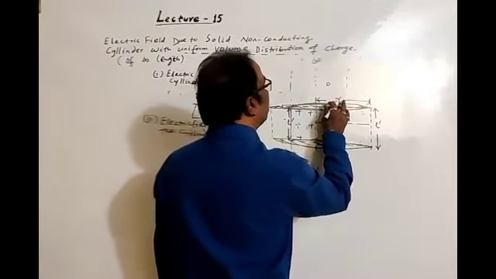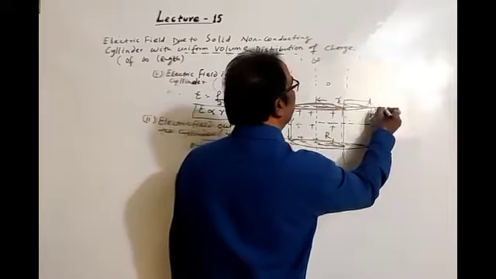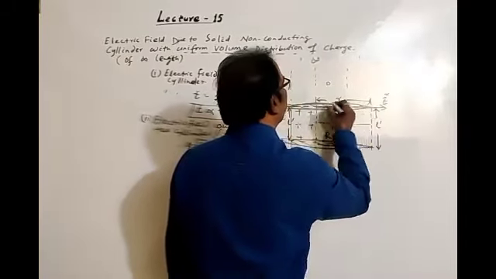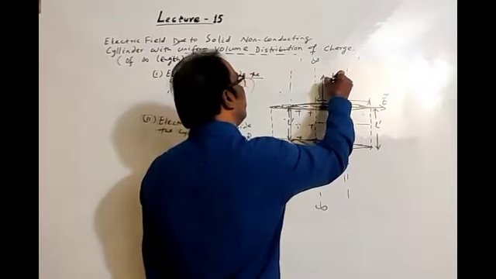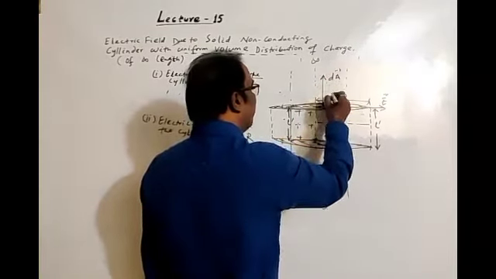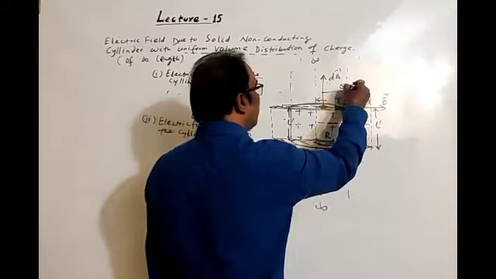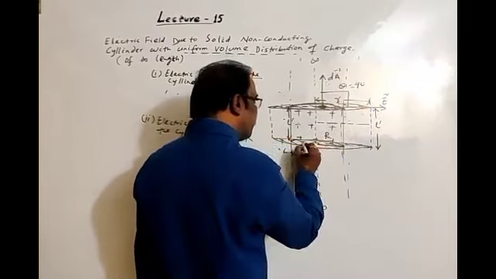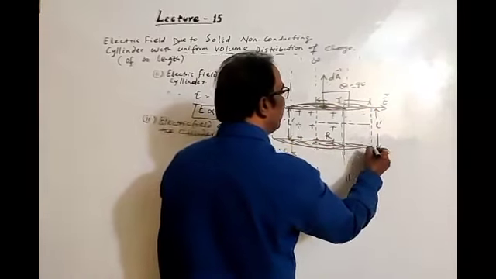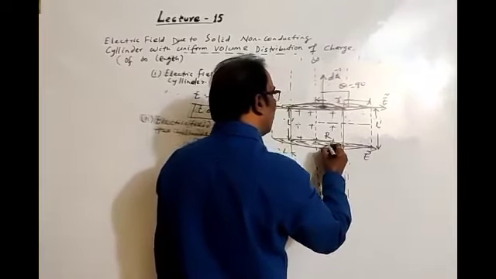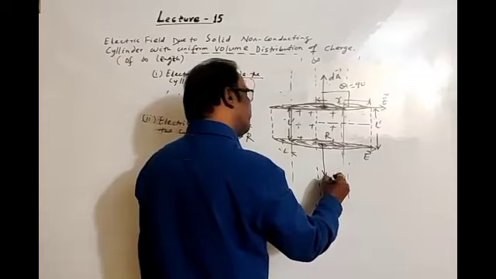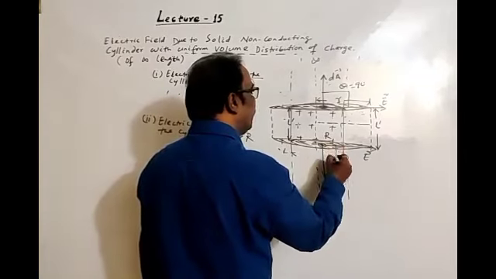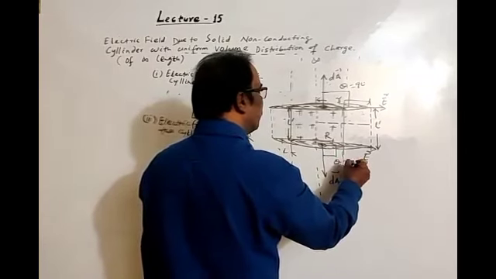As you have observed, this is the direction of the electric field, and if you take an elemental area dA, then this is the direction of dA. Again, the angle between E and dA is theta. Theta is 90 degrees. This is also a similar case. The electric field is parallel to the surface, and if you take an elemental area, this is the direction of the elemental area vector dA. Again, theta is 90 degrees.